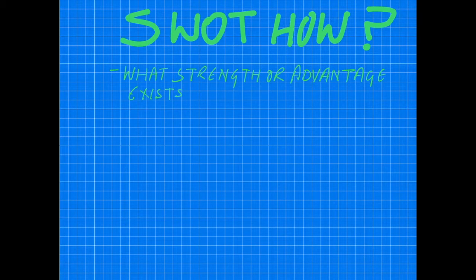Some examples of strength would be your team knowledge, company reputation, market presence, assets, competitive advantage, innovation capabilities, quality of service, quality of products, quality of resources, agile approach for faster results, etc.